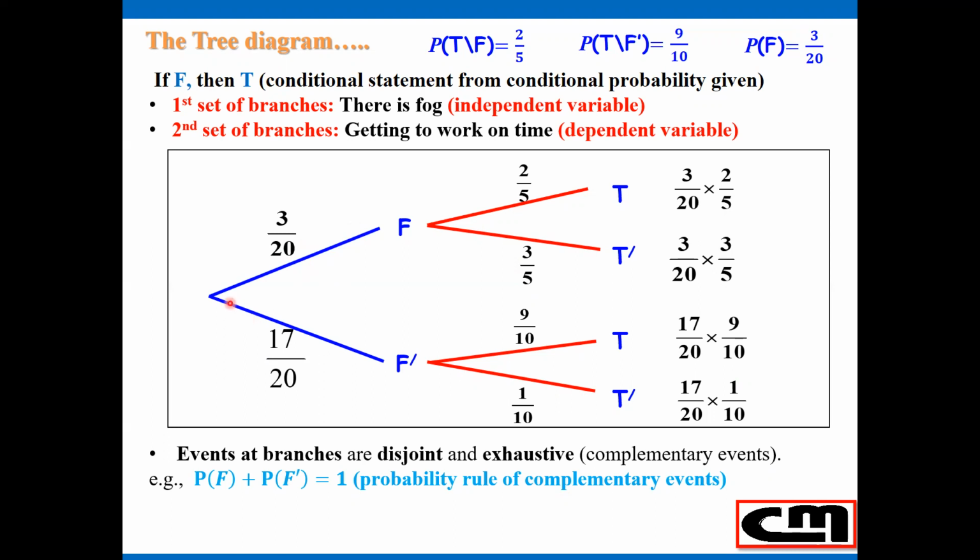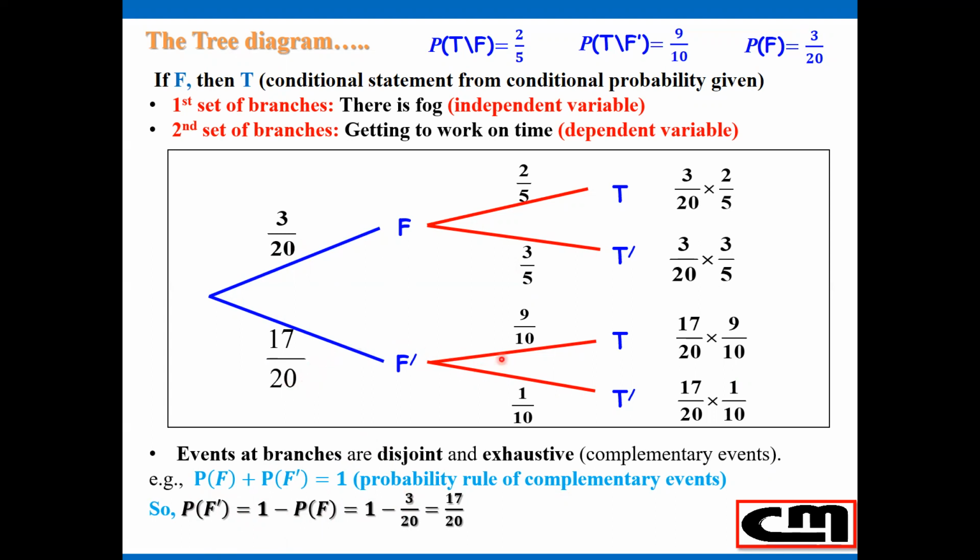So to find the probability that there is no fog, I'm going to do my algebra here, right? Make probability of F prime the subject, then I subtract from 1, 3/20, to get 17/20.